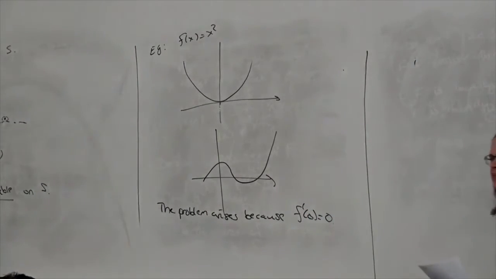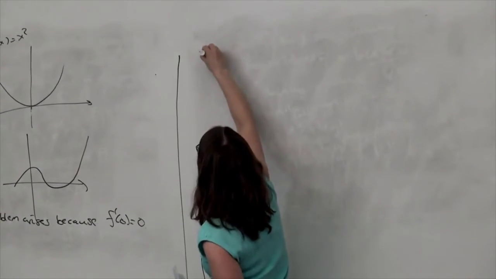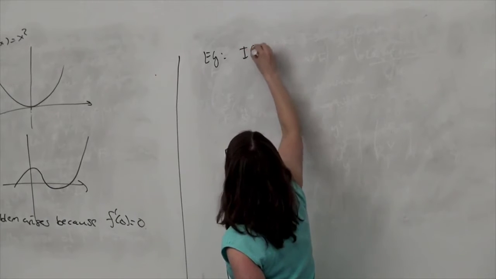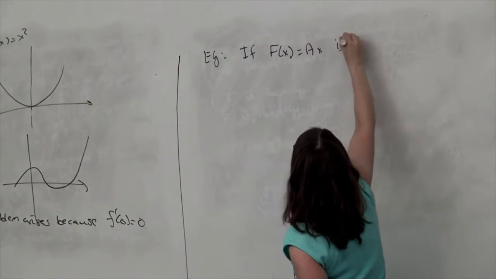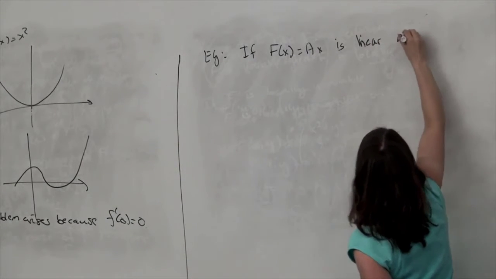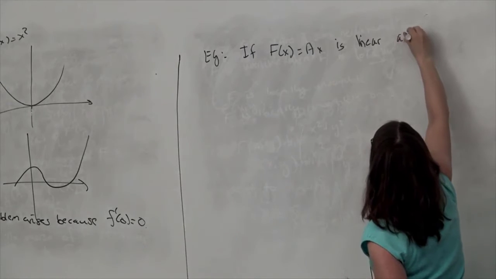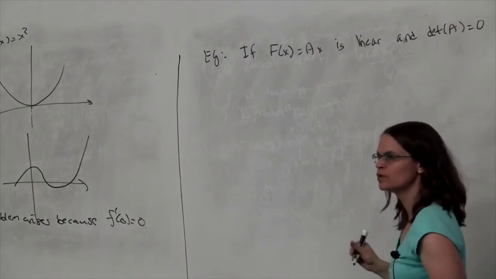OK, we see something like that with linear systems too. So, if f of x is linear, and the determinant of A is 0, we don't have invertibility.